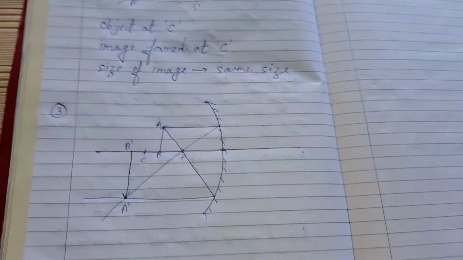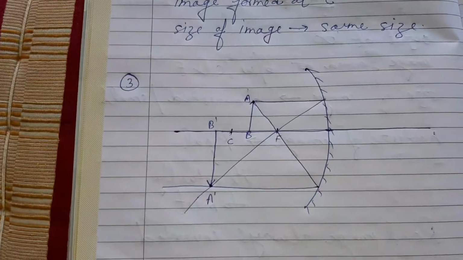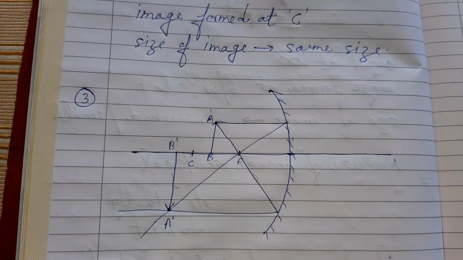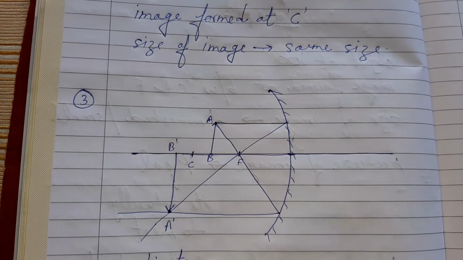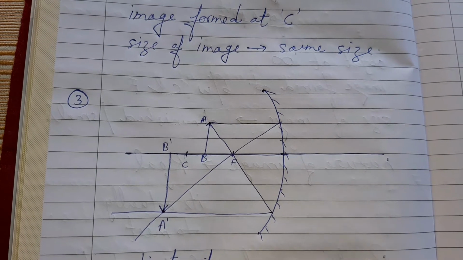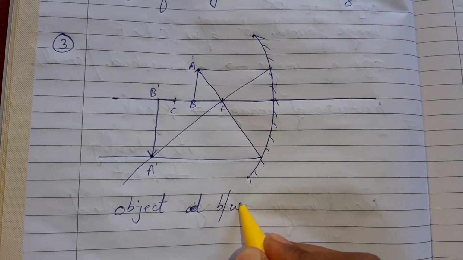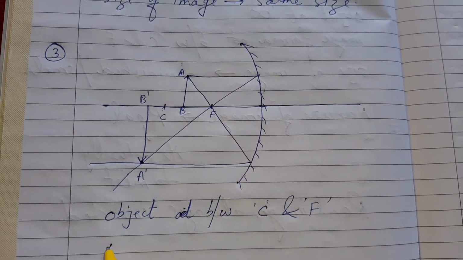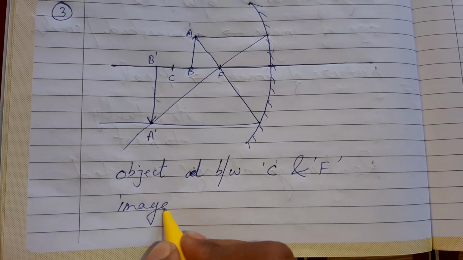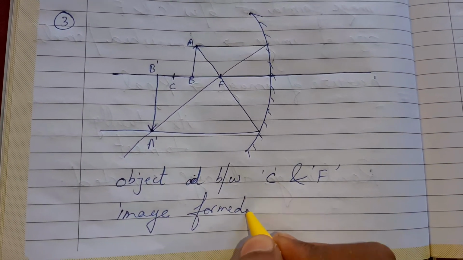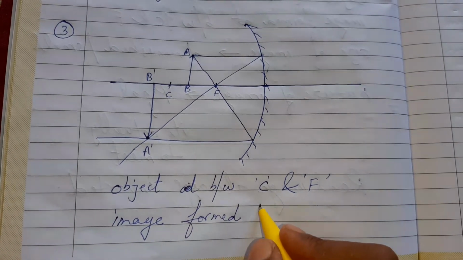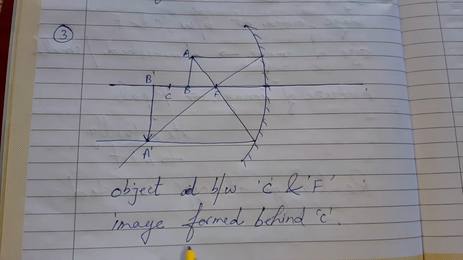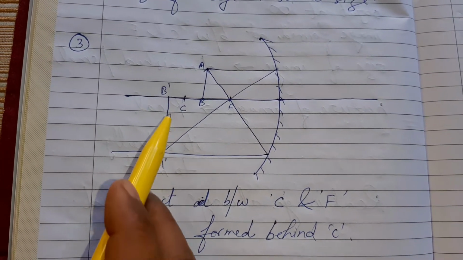So you will understand from this diagram: when the object is between C and F, center of curvature and focus, the image is formed behind C. Here the image has to be formed.